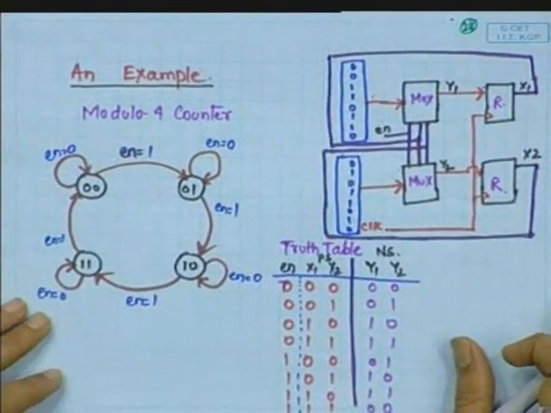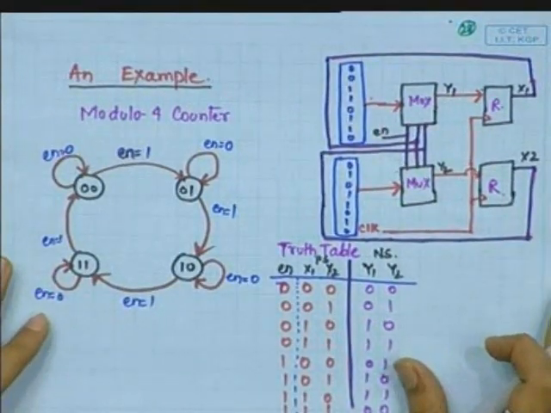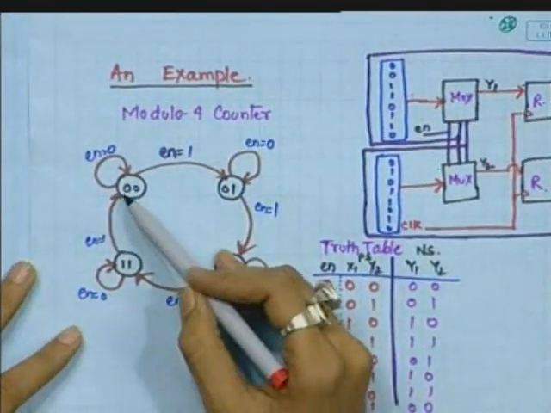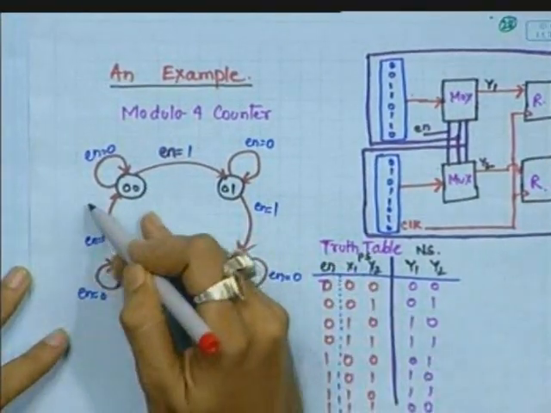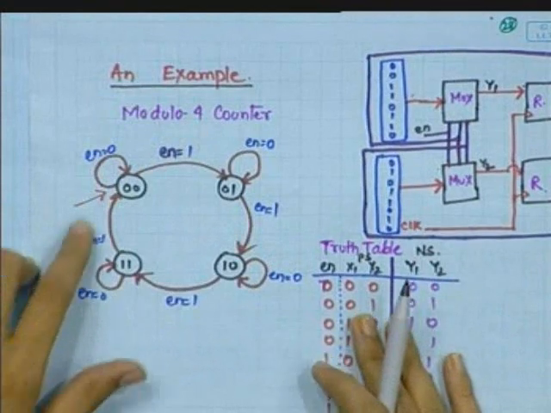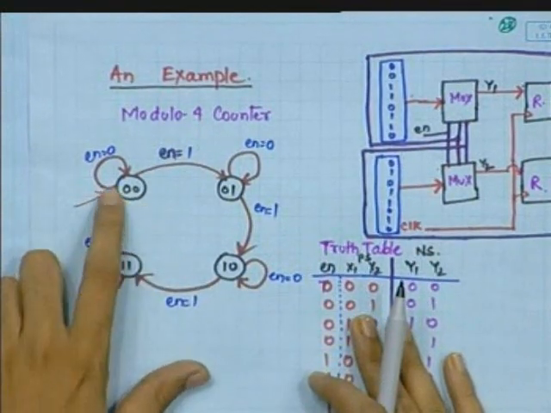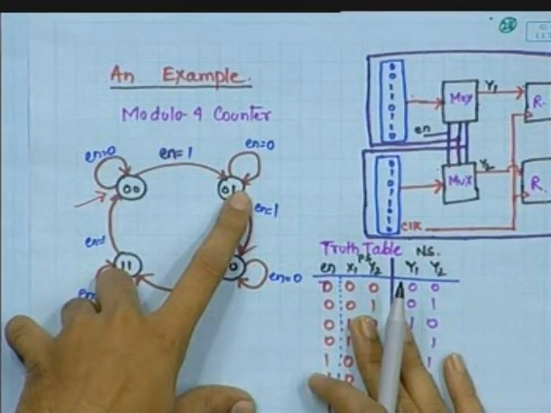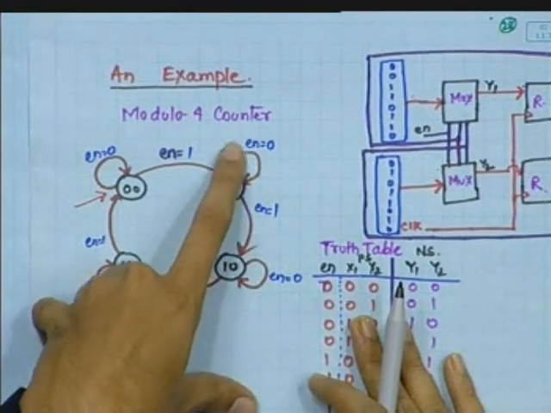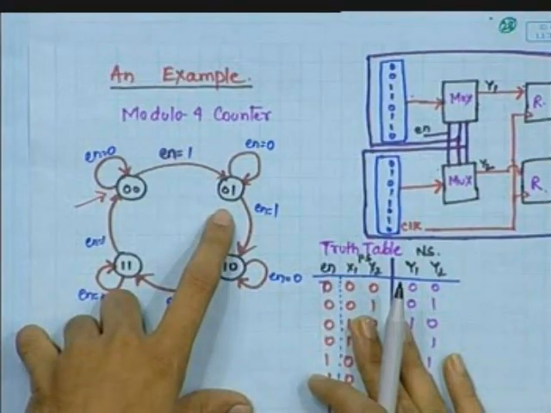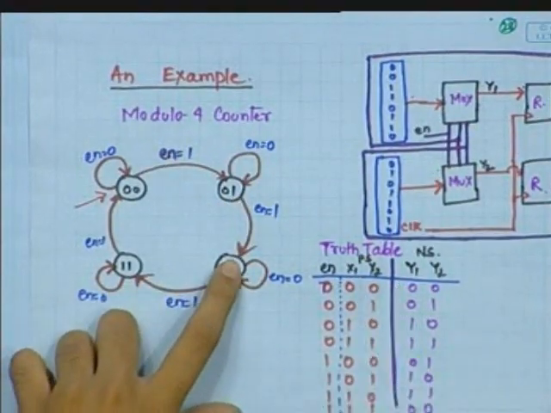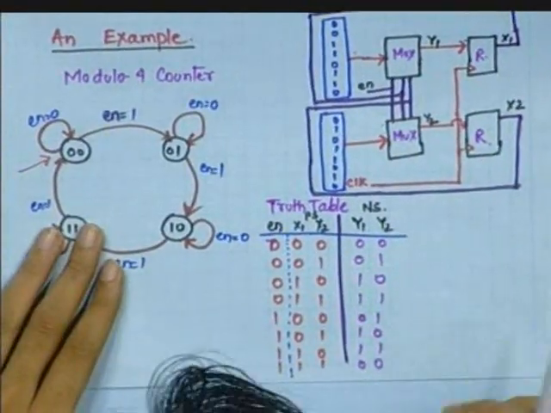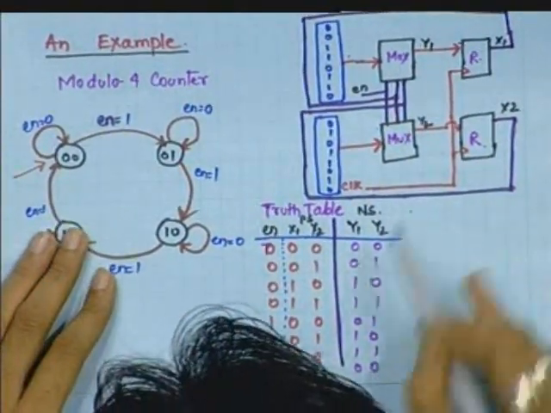Now an example. Suppose you have to implement a modulo 4 counter. Suppose this is the initial state 00. If enable is 0, it will return to its own state. If enable is 1, it will move to the next state, and so on. So depending on this state diagram, we can create a truth table.